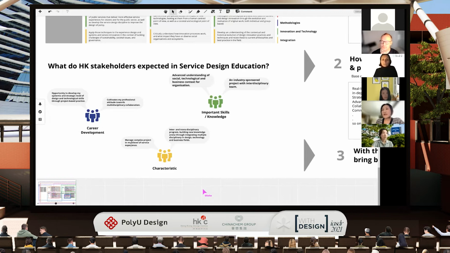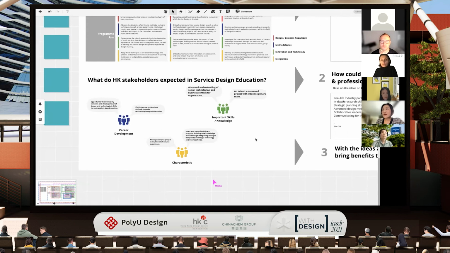So lastly, the interesting thing is that they also emphasized what could be the important skills, knowledge, or experience for their current or future career pathway.